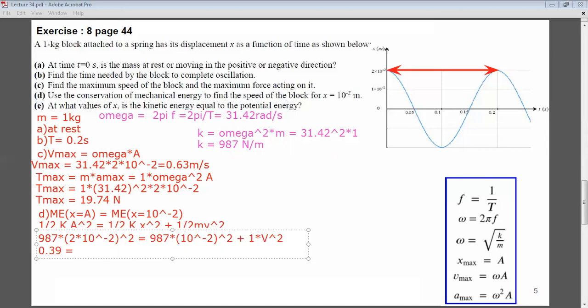This is equal to 987 times 10 power minus 2 squared, which is 0.098, plus v squared, and I get v squared equal to 0.292, or v equal 0.54 meter per second.